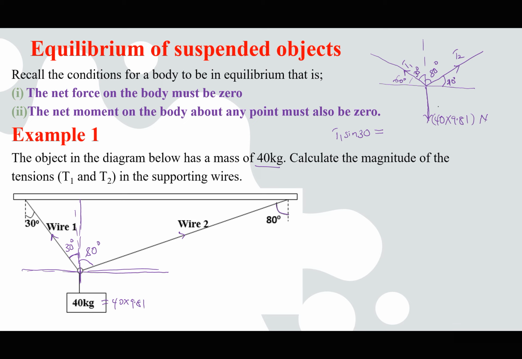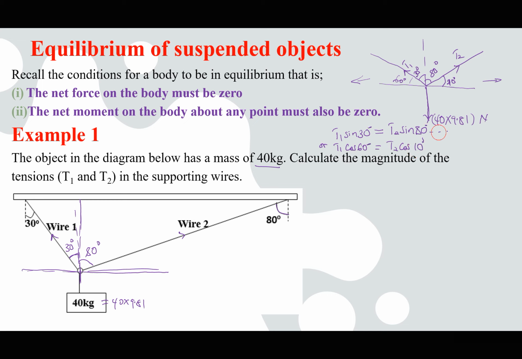Because T1 sine 30 points to the left and T2 sine 80 points to the right, this should be equal to T2 sine of 80, which is the same as T2 cos of 10 degrees.